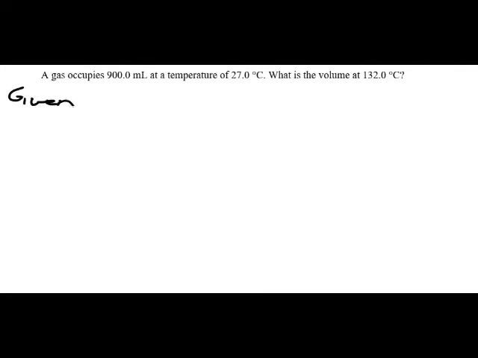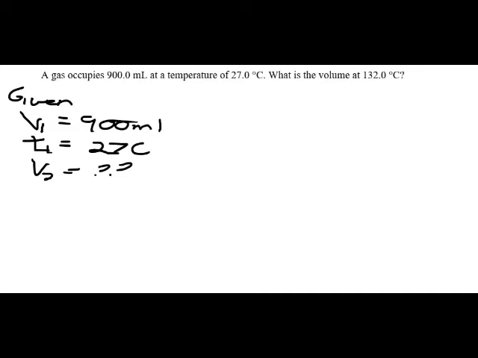Given is V1 is 900 milliliters. T1 is 27 Celsius. V2 is missing and T2 is 132 Celsius.